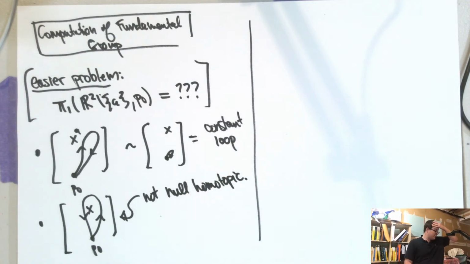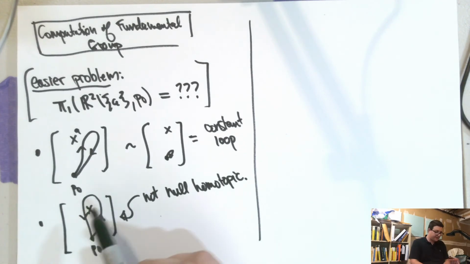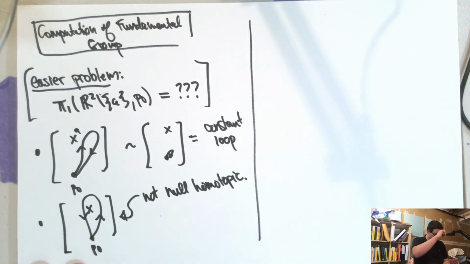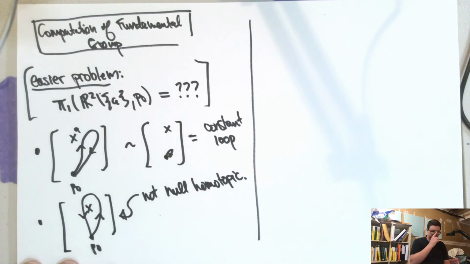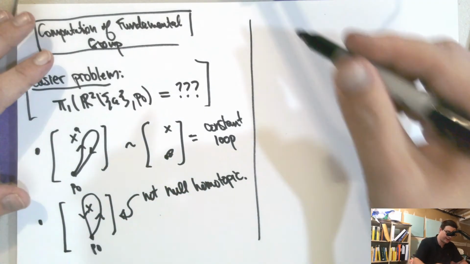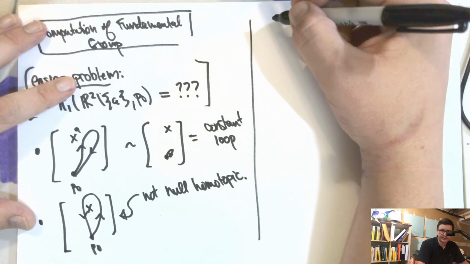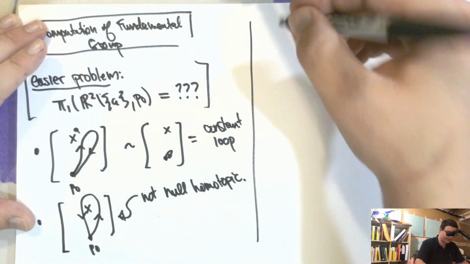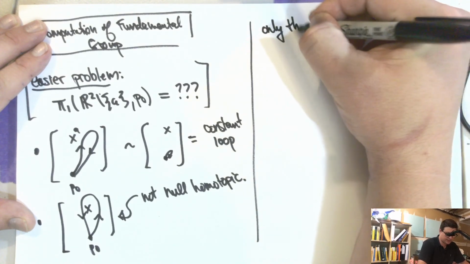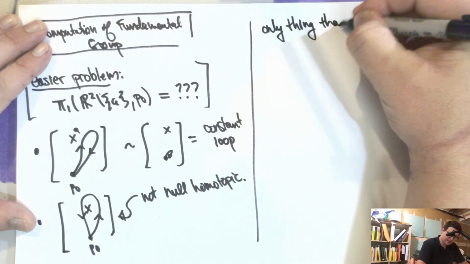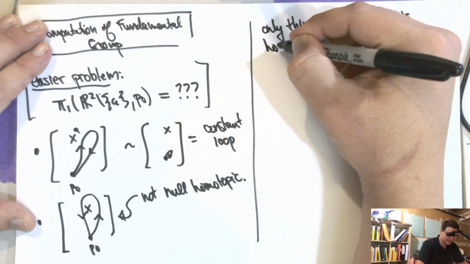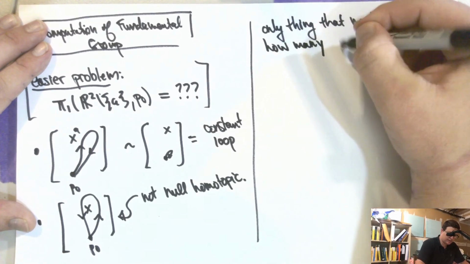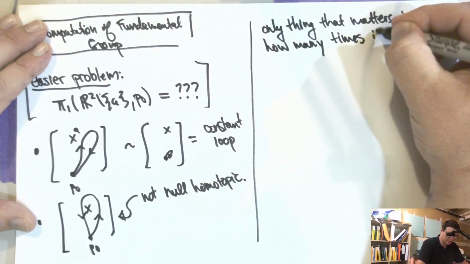It turns out that this is really the only thing that matters: how many times the loop winds around this point. I'm not going to prove that rigorously, but the only thing that matters is how many times it winds.